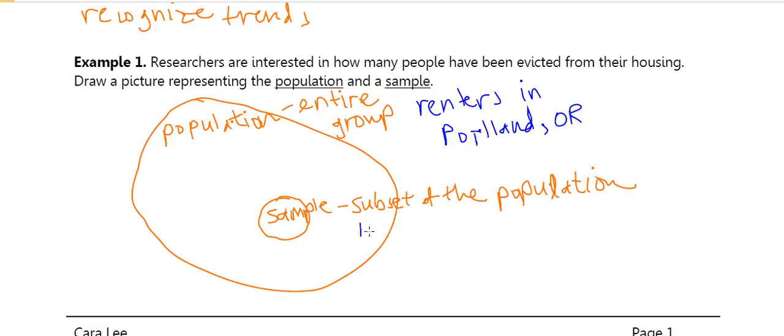So 100 renters in Portland, Oregon. Okay, so you see the difference between the sample and the population? The sample is generally a small subset of the entire population.